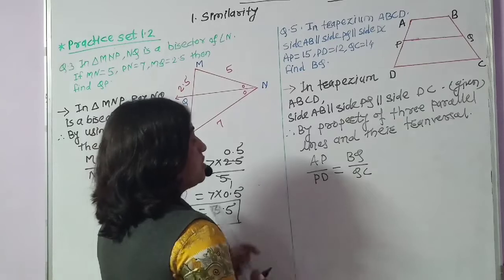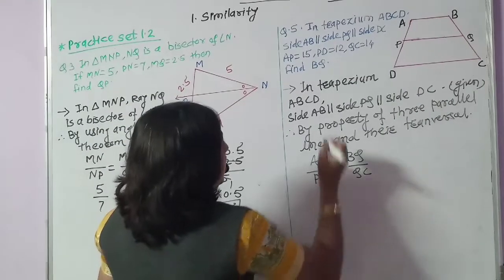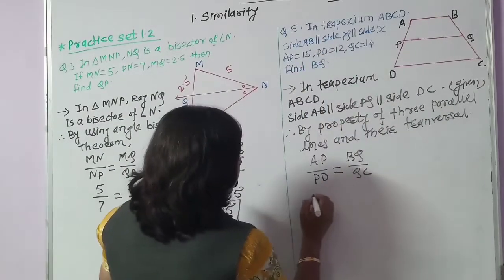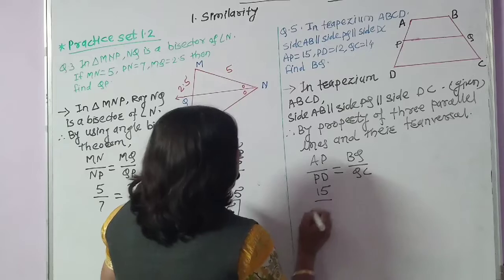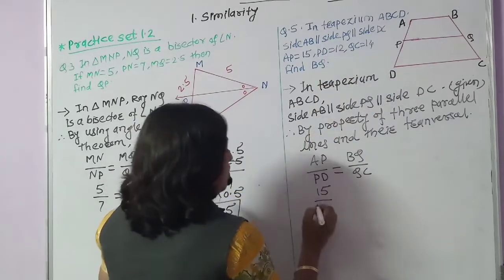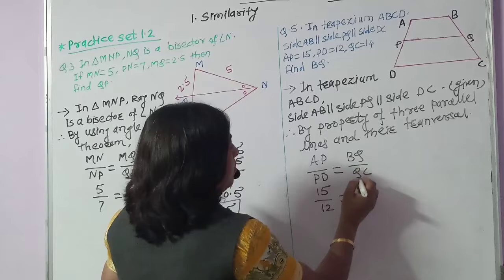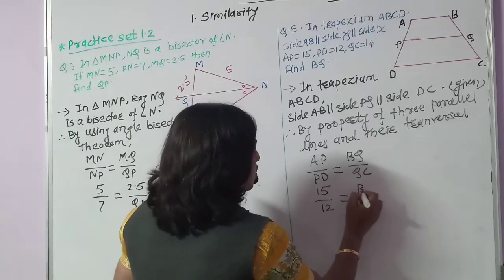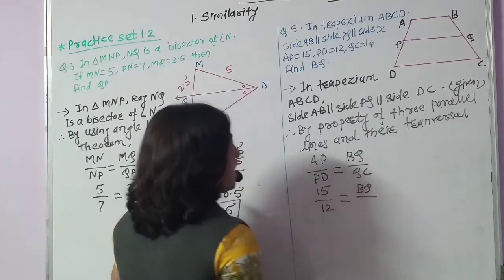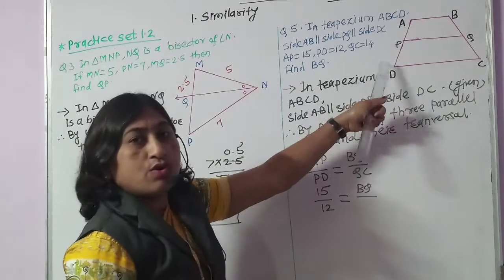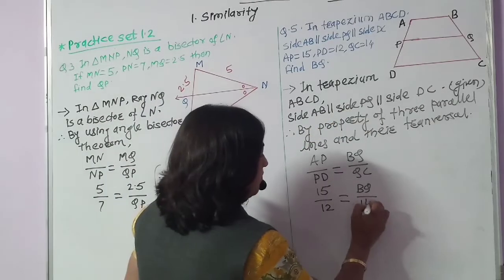Put the given values, we get AP equal to 15, 15 upon PD equal to 12, which is equal to the value of BQ we have to find, so it remains as it is, and the value of QC equal to 14.